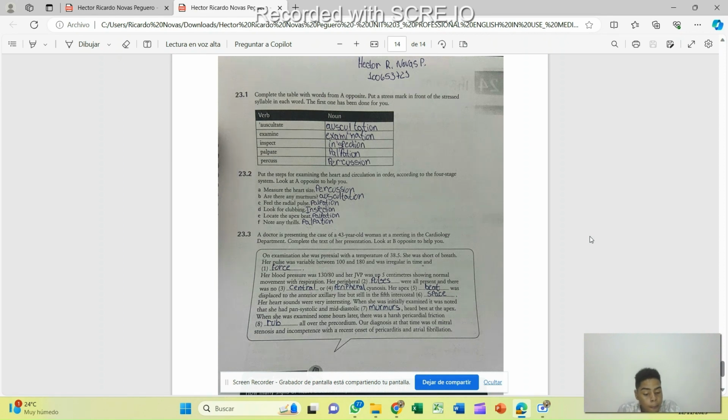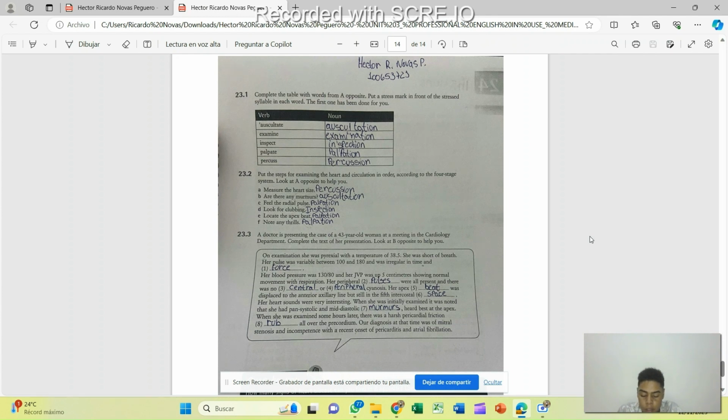Her peripheral pulses were all present and there was no central or peripheral cyanosis. Her apex beat was displaced to the anterior axillary line, but stayed in the fifth intercostal space.